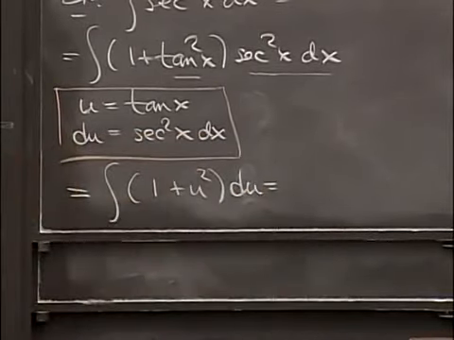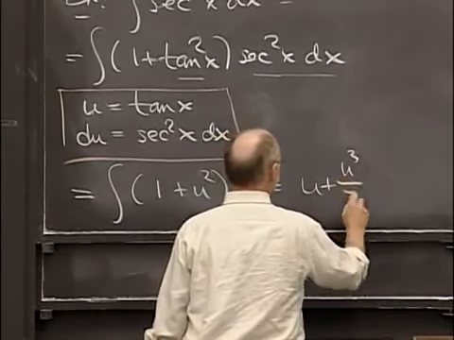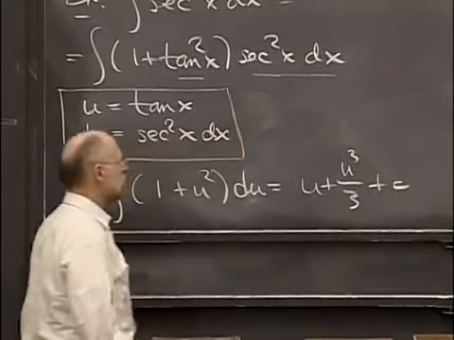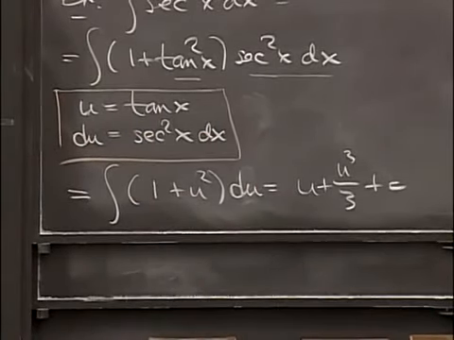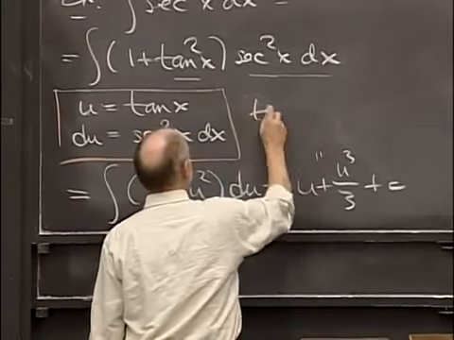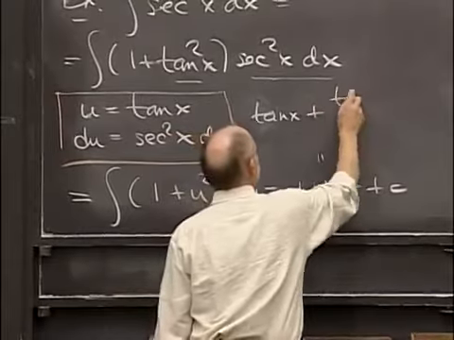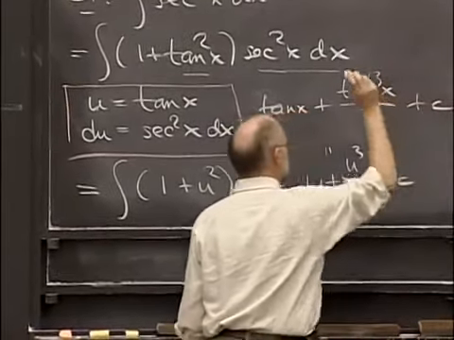Well, that's pretty easy to integrate. So I get u plus u cubed over 3 plus a constant, and then I just have to back substitute, put things back in terms of the original variables, and that gives me tangent of x plus tangent cubed over 3. And there's the answer.